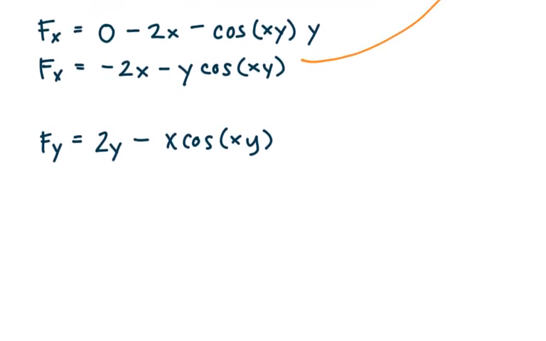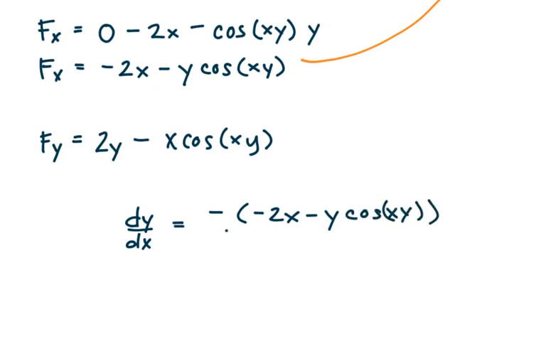So my implicit derivative, dy dx, found using this new implicit formula with the two partial derivatives, is negative the quantity 2x minus y cosine of xy, over 2y minus x cosine of xy.